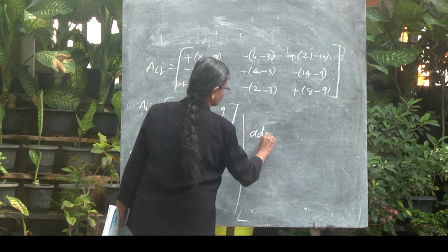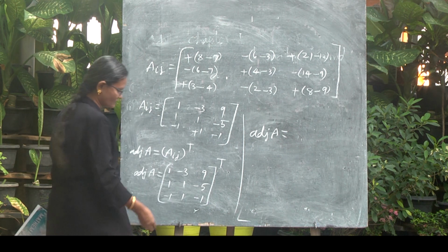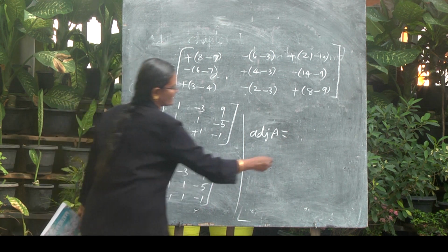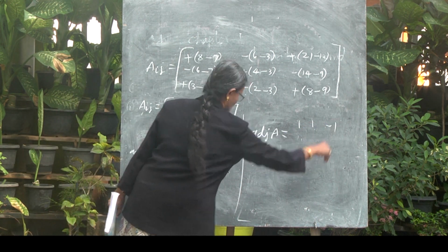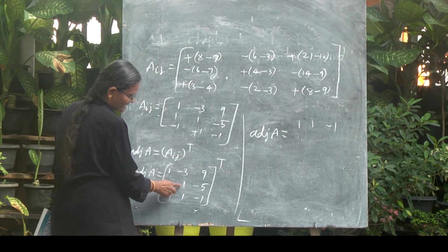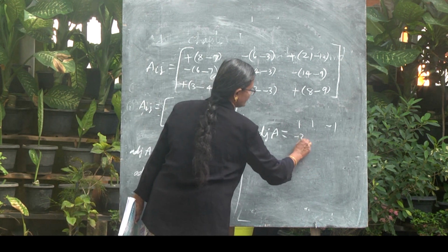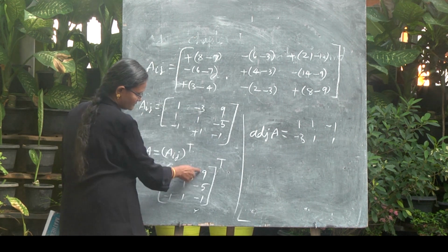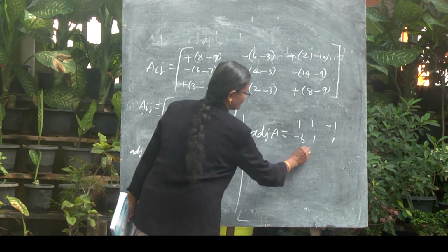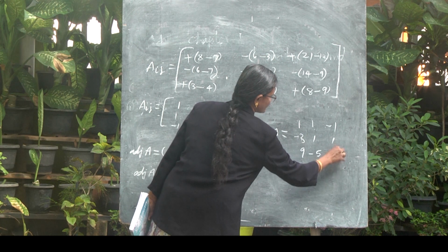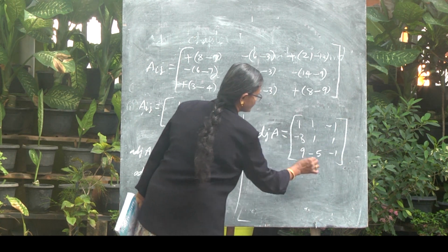The first column is 1, 1, minus 1, the second column is minus 3, 1, 1, and the third column is 9, minus 5, minus 1. This is known as adjoint of A.